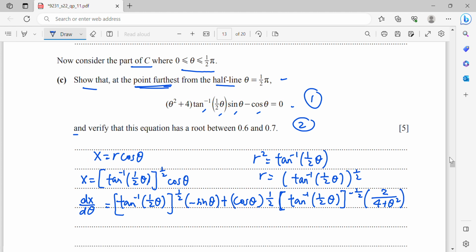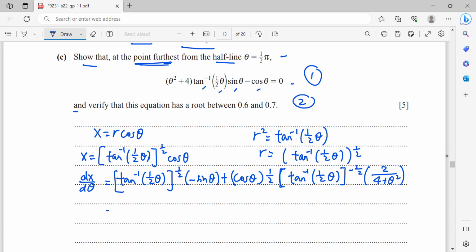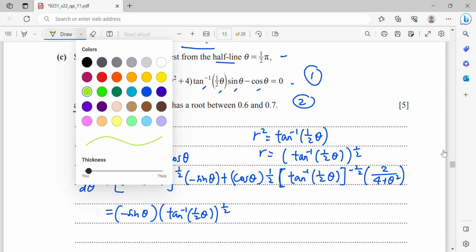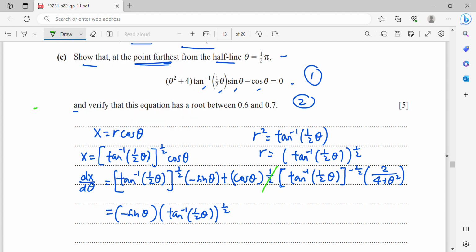Okay, so to simplify this, we need to factorize the common term. Let's check any common term. There's no common term, so now I will rewrite. So minus sine theta multiplied by inverse tangent half theta to the power of half. Then for the second term, we can simplify the half and 2.